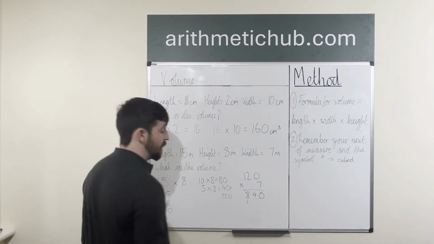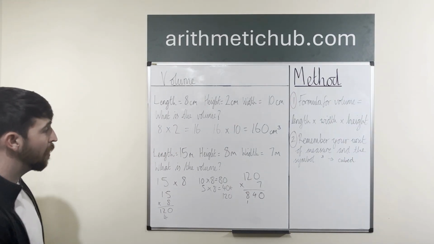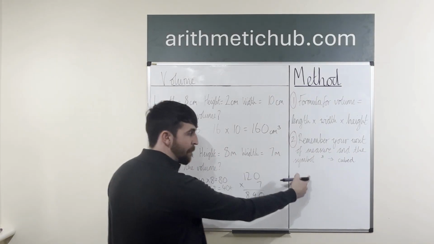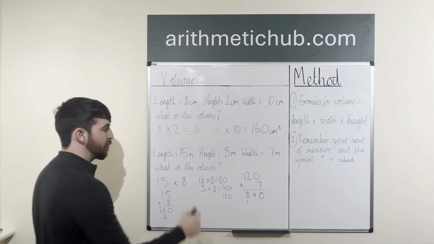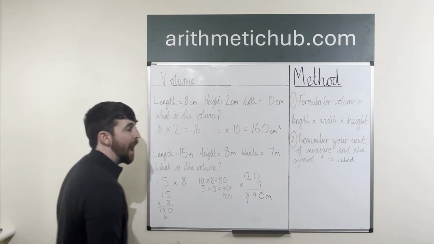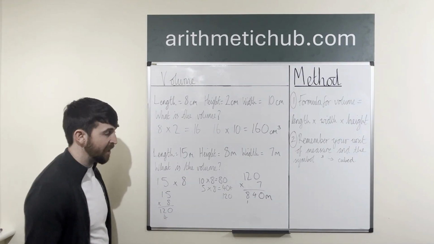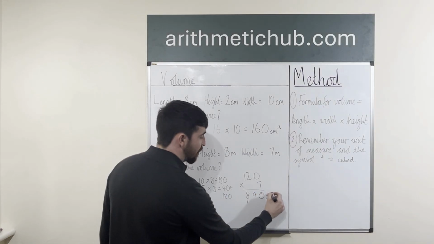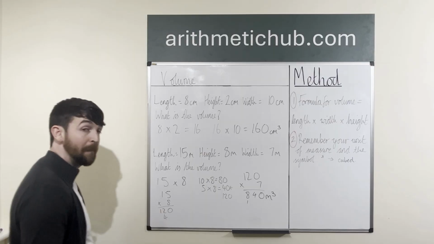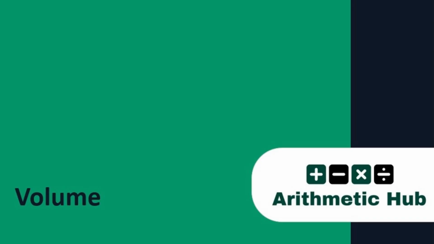Add the 1 is going to give me 8. So the volume of this shape would be 840. Again, remember my unit of measure. Well, it's in metres, isn't it? 840 metres, and then because it's volume, it's a 3D shape, the unit of measure is metres cubed, isn't it? Okay, so 840 metres cubed.